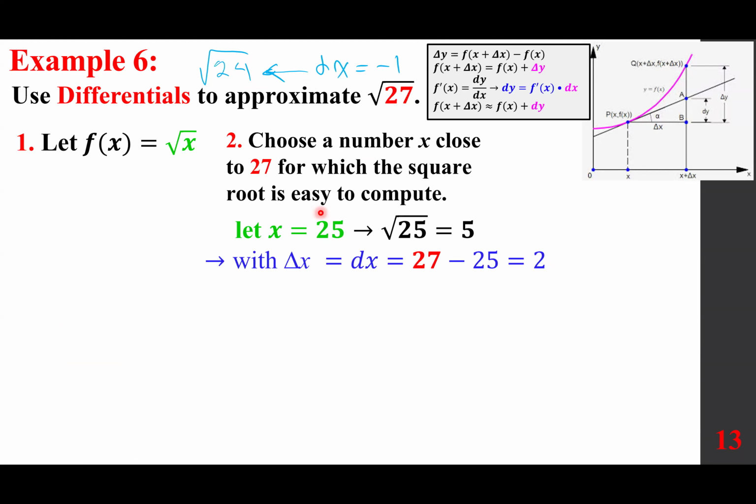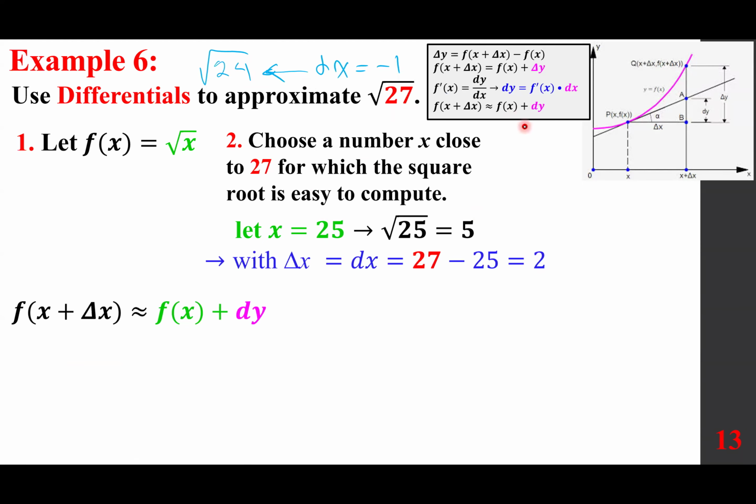In other words, 24 minus 25 is negative 1, which means we may not know what's square root of 24, but for sure is less than 5. We may not know what's square root of 27, but for sure this is positive, it's larger than 5. That's the idea. And so we're going to use the approximation again.